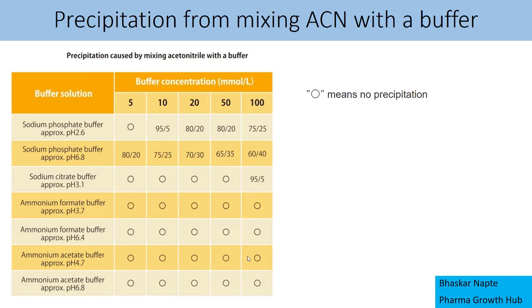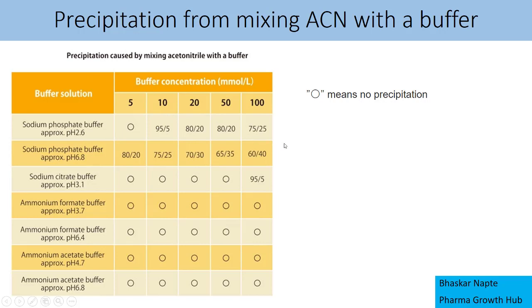So in the case of ACN, what is the highest amount of ACN that can be added with the different salt solutions? You can see it on the screen. Where there is a big circle, that indicates that no precipitation is happening. Let me explain with the help of sodium phosphate buffer having a pH of around 2.6.